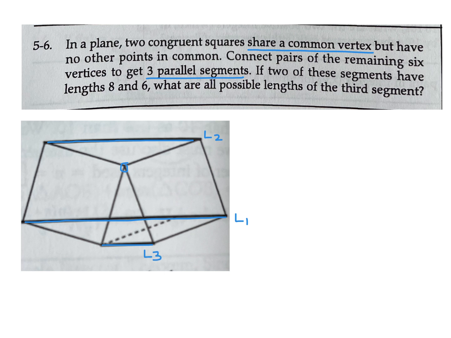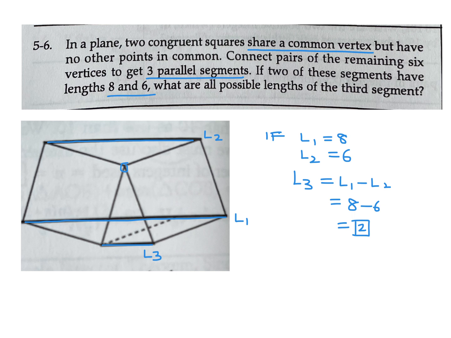And they're saying that 2 of them have the lengths 8 and 6, and they want you to figure out the other length. So for example, if L1 was 8 and L2 was 6, then L3 would be L1 minus L2, which is 8 minus 6, which would be 2.